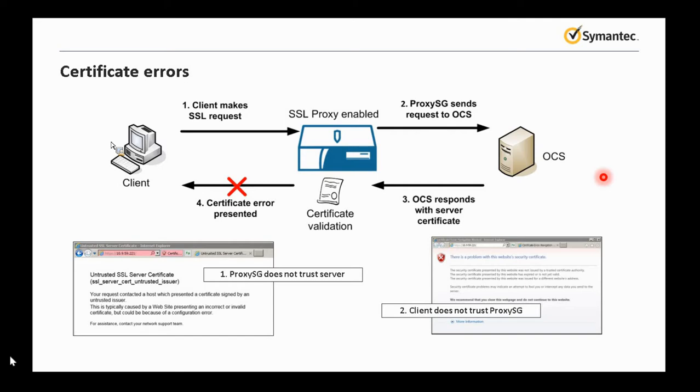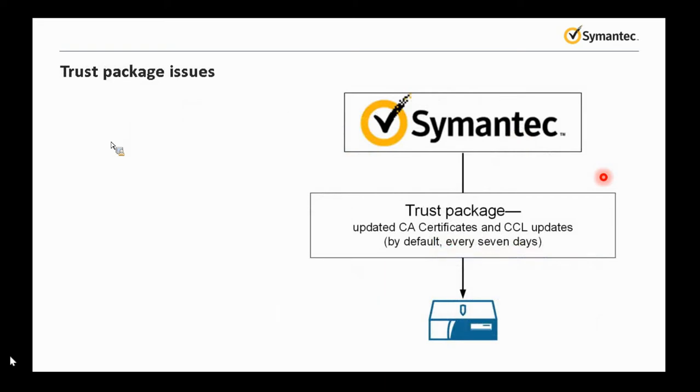Another reason some websites may not be accessible, which is not very common, is that the proxy's trust package was not updated. What is this trust package? This trust package contains browser-trusted certificate authorities.